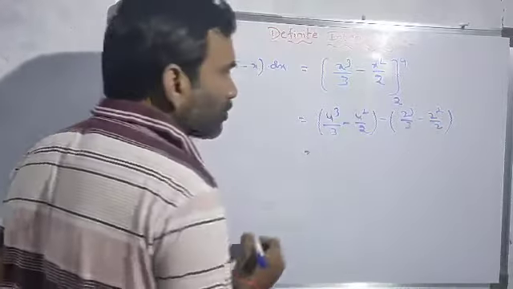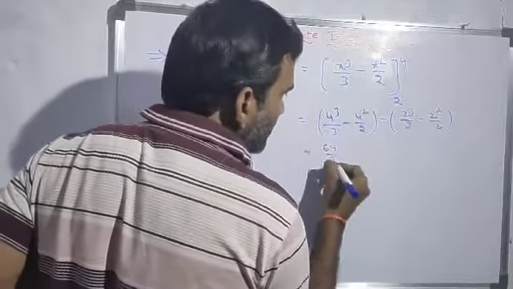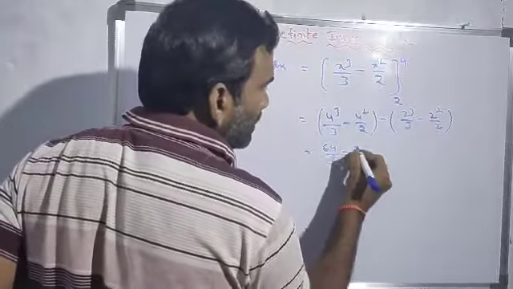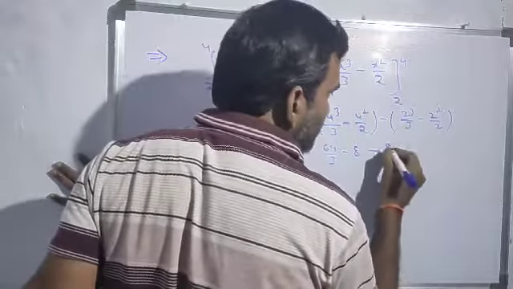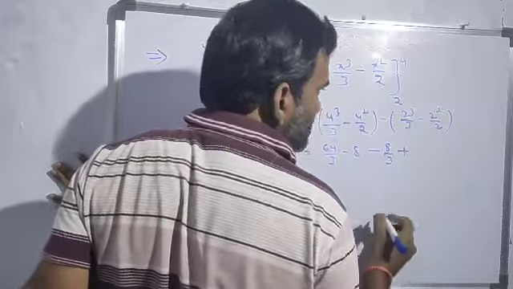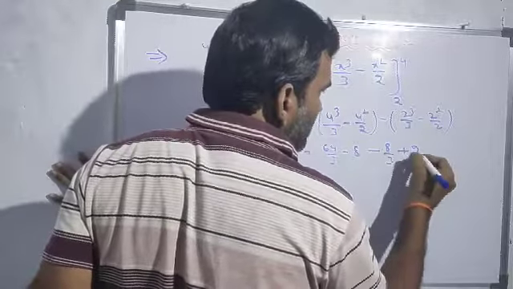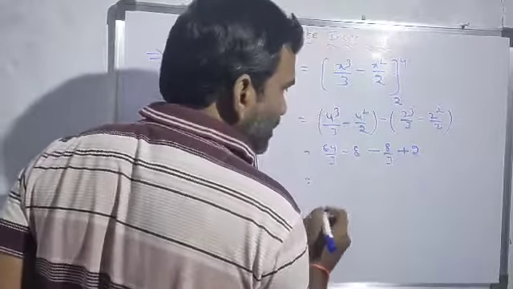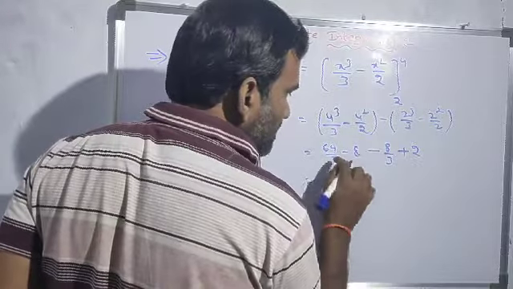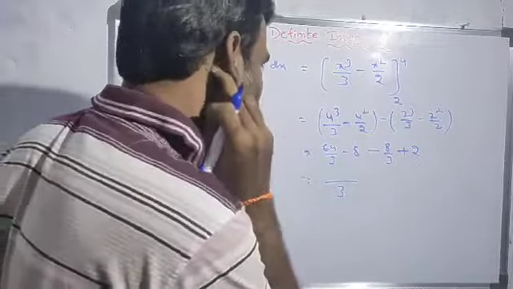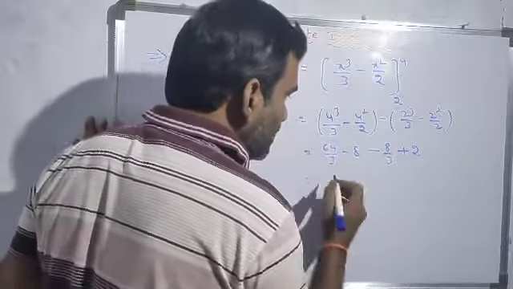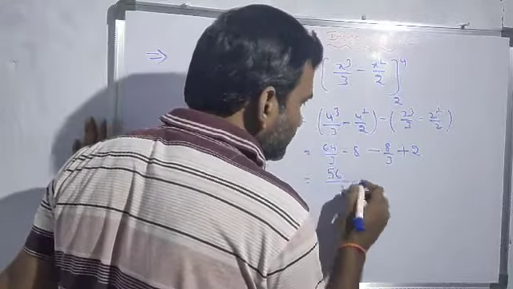So 4 cube is 64 by 3, minus 16 by 2, that means 8, minus 2 cube, 8 by 3, minus of minus plus 2 square by 2, that is 2. So here, if I take 3 as the LCM, 64 minus 8 means 56.